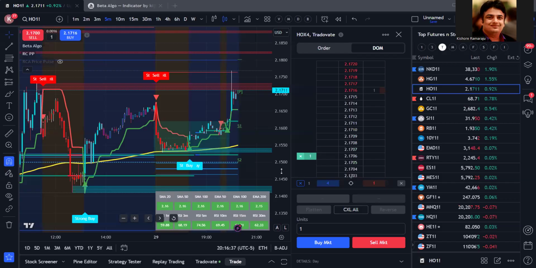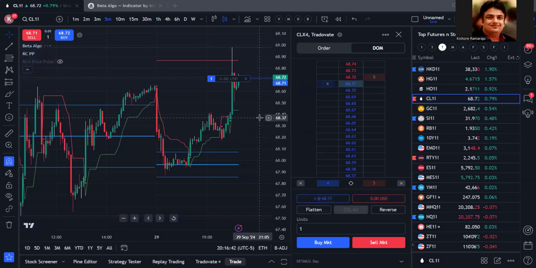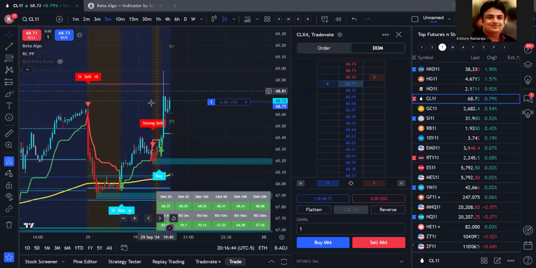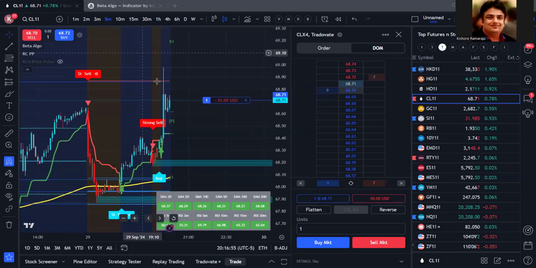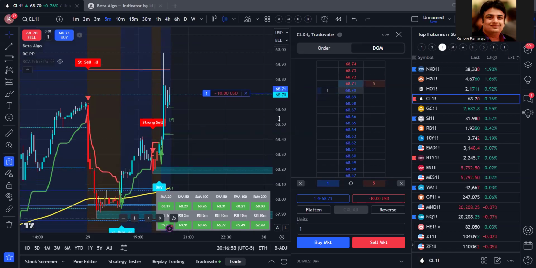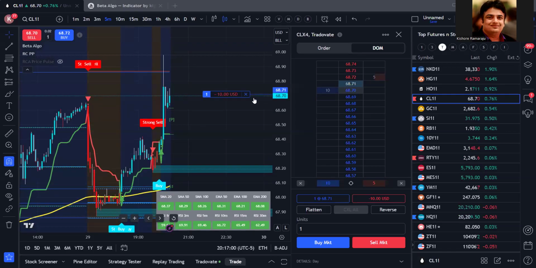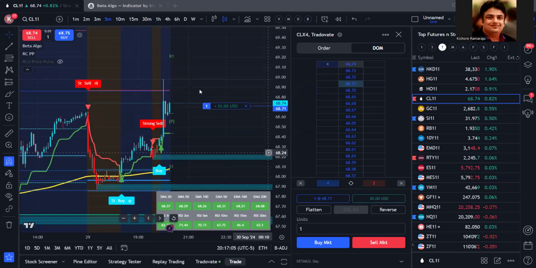So mainly we are bullish about crude oil, or I can cancel heating oil and just focus on crude oil. My minimum target is 68.90. If it breaks that, it can go all the way to 69.20.